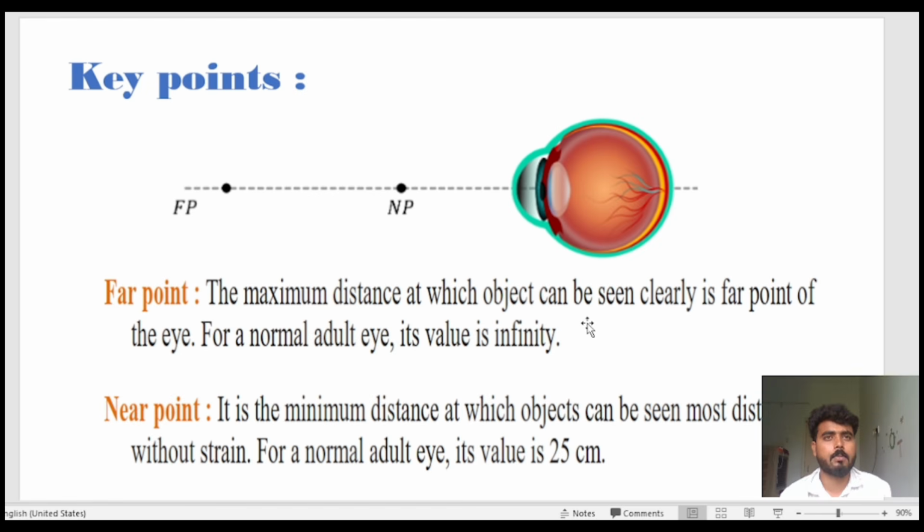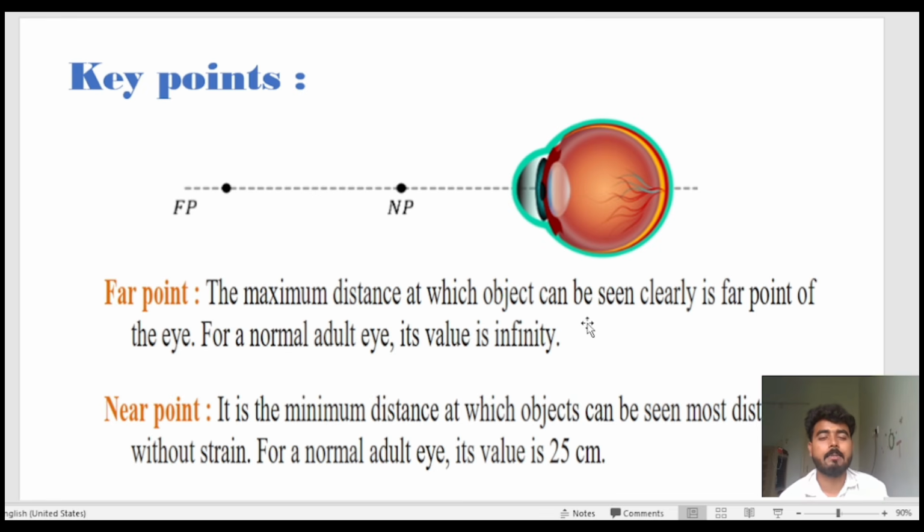This is called the far point. What is the value of far point? It is infinity. To be simple, the distance between the object and the eye is infinity. It is called the far point.